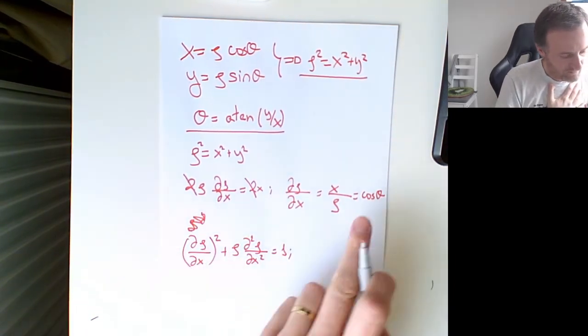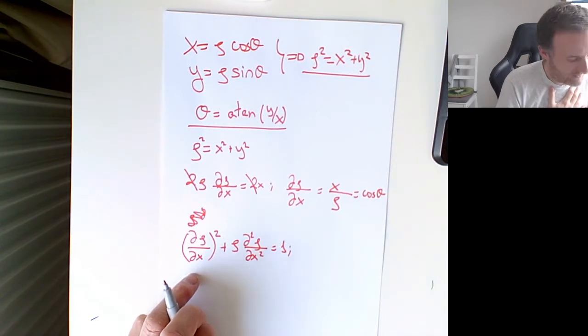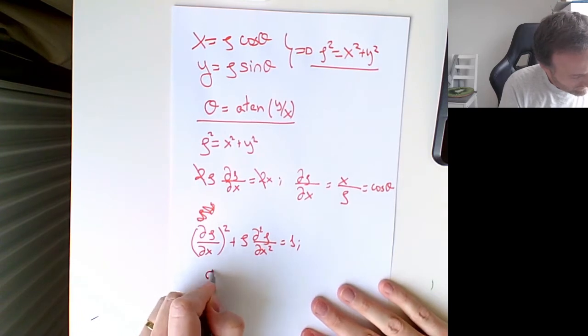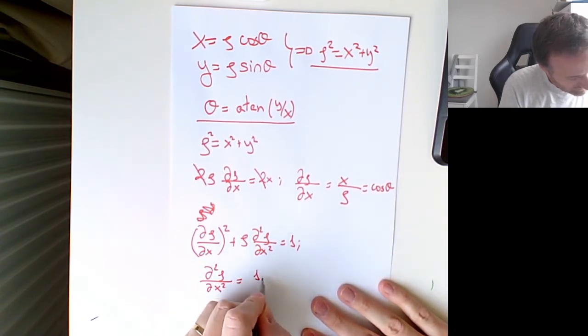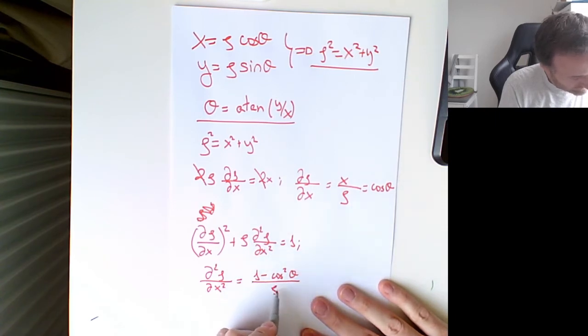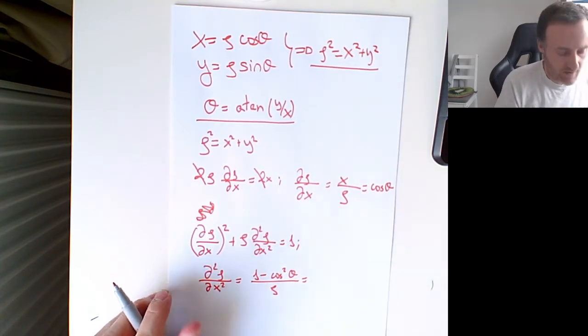This is cosine of theta, so we get cosine squared theta. Okay? So the second partial derivative is equal to 1 minus cosine squared theta divided by rho. 1 minus cosine squared theta is sine squared theta.